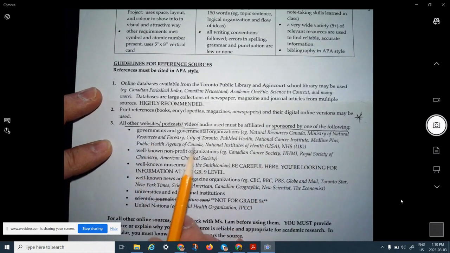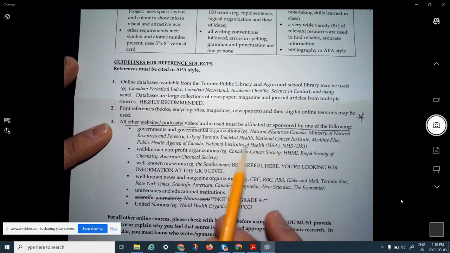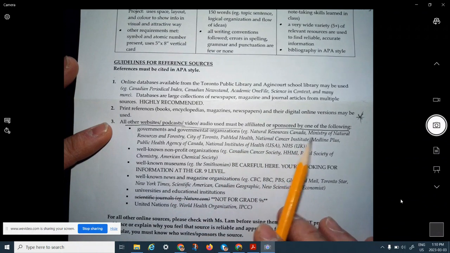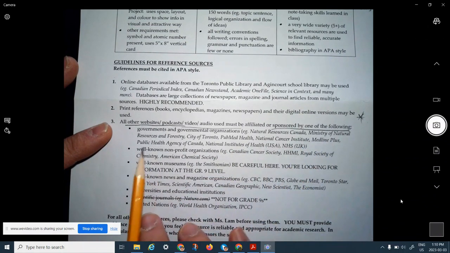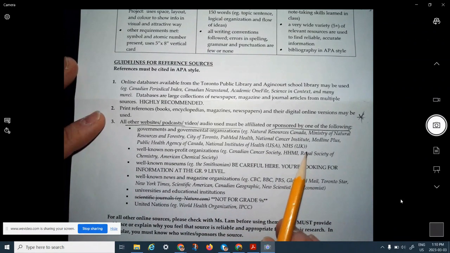These examples, by the way, are actually very legitimate sources, and some of these places like PubMed Health, National Cancer Institute, Medline Plus, these are actually stuff that I would tell my grade 11 and 12 students to use.